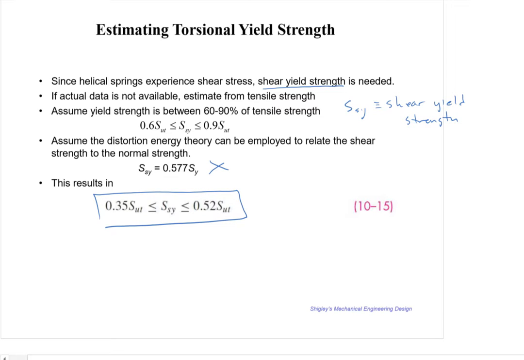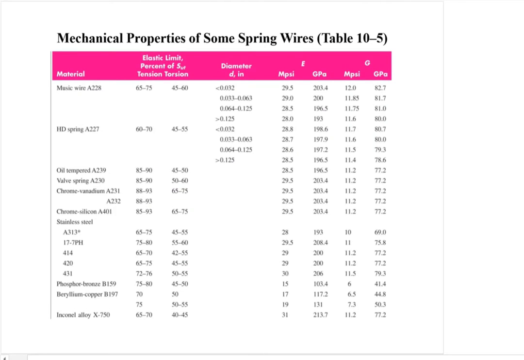In the example problem, they're using S sub SY is 0.45 S sub UT, which is kind of in between these values. So they give you a range and they pick something in the middle as an approximation. That's in one of the first example problems.